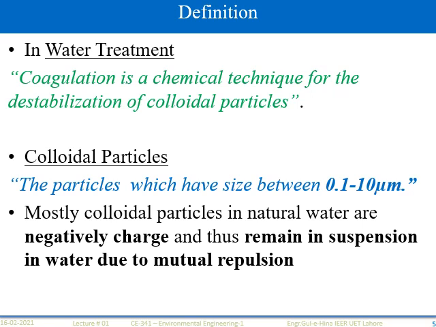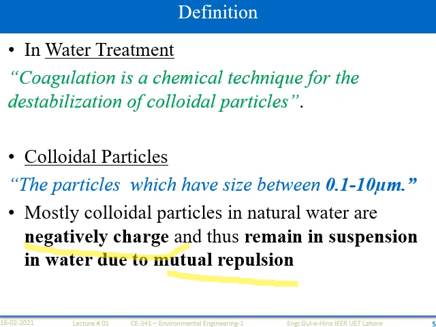So mostly colloidal particles in natural water are negatively charged and thus remain in suspension in water due to mutual repulsion. So the surface charge on the colloidal particle is a major contributor to their long-term stability. Particles, instead of settling down, repel each other.